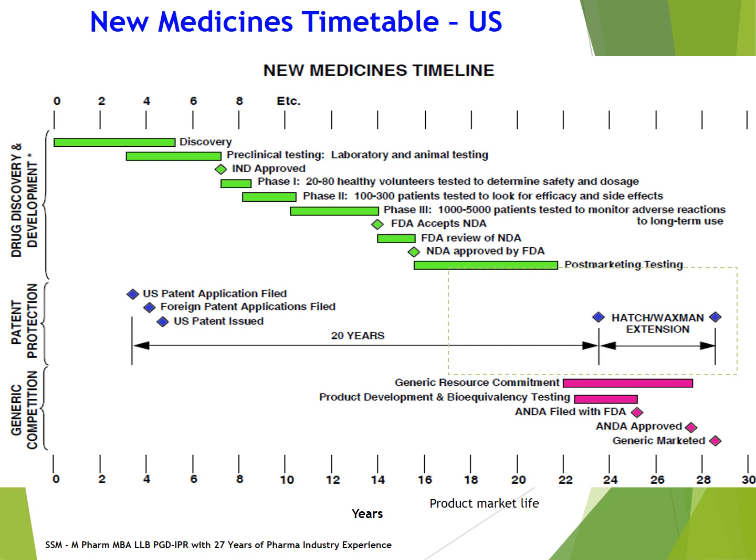In the meanwhile, during the discovery phase, whenever the company has discovered the product, the company will start the patent protection process, which usually starts about 2 to 3 years into the discovery phase.